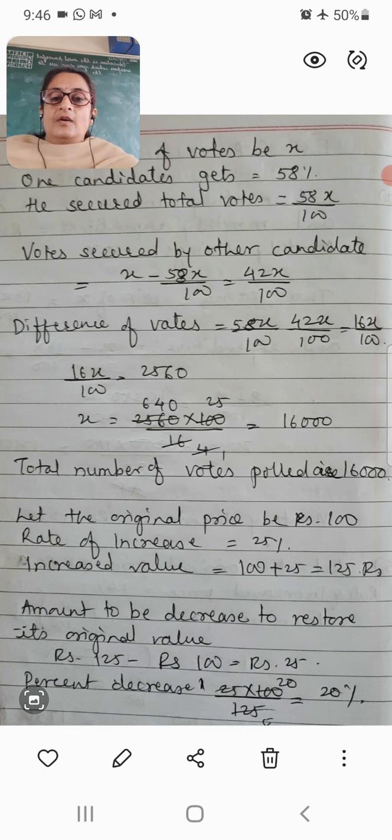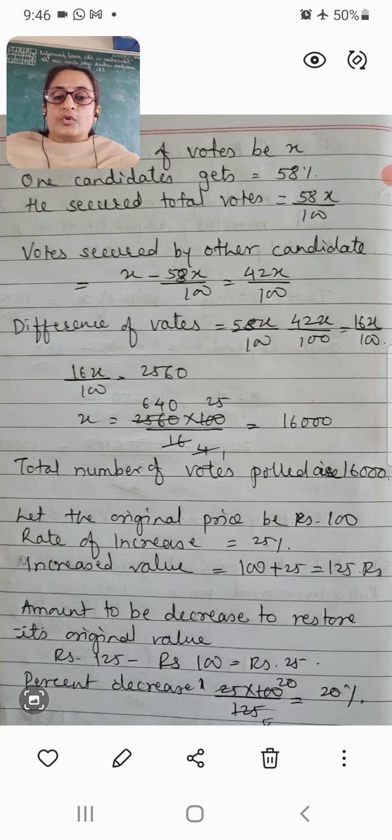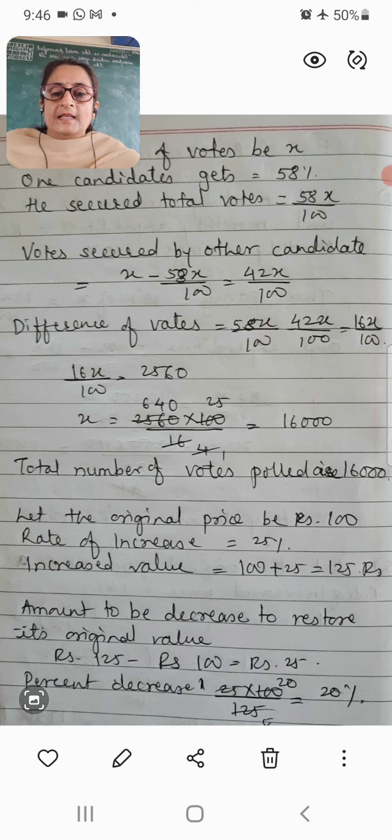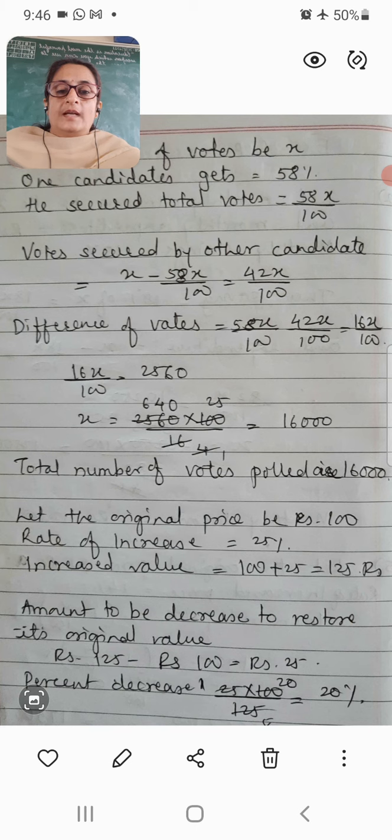The remaining votes are secured by the other candidate, isn't it? So total is x. From that, whatever the winner has got we subtract, that is 58x upon 100. The remaining 42x upon 100 is the votes secured by the other candidate.